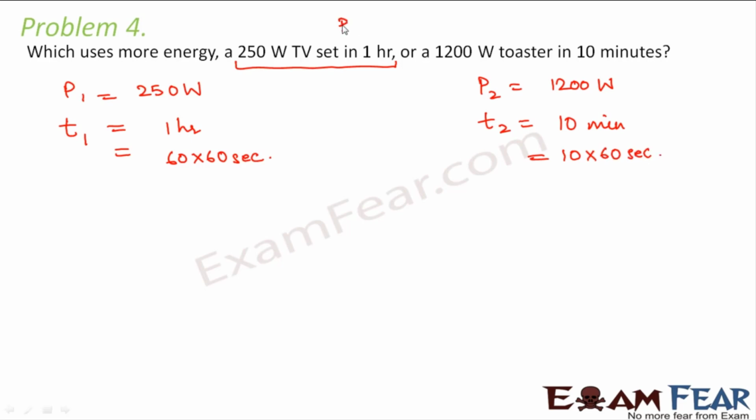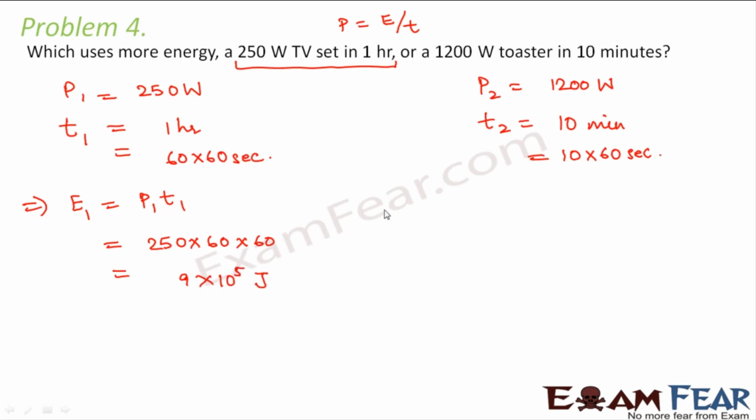Now we all know that power is nothing but work done per unit time. That means energy per unit time. Therefore, we can say that energy is equal to power into time taken. So power is 250 into 60 into 60. So this comes out to be 9 into 10 to the power 5 joules.